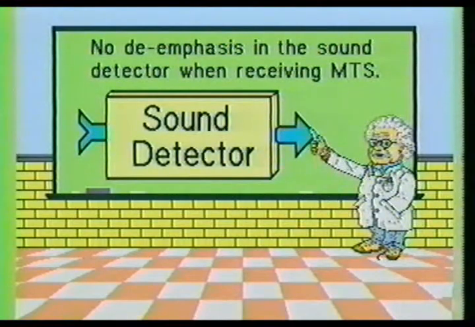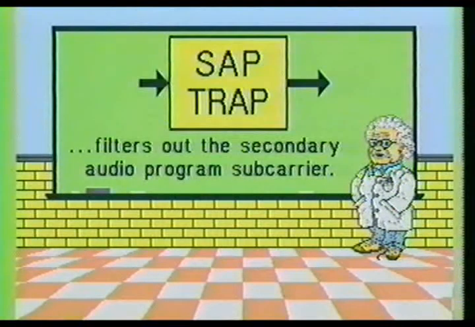In order for MTS to be used, the sound detector must not contain a de-emphasis circuit. De-emphasis is used just before the matrix decoder. The SAP trap simply filters out the secondary audio program subcarrier prior to stereo demodulation.